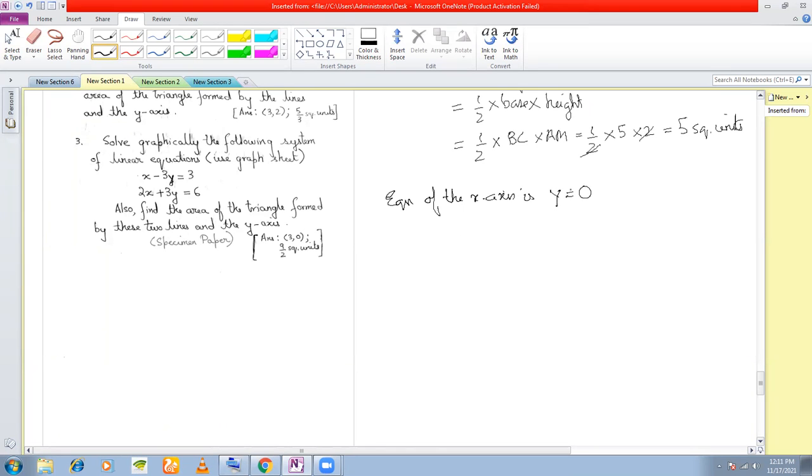So if I tell you the line y is equal to 0, you must understand that I'm talking about the x-axis. Equation of the y-axis is x is equal to 0. So if I ask you to draw the straight line x is equal to 0, you must obviously understand that you don't need to do anything. It's obviously the y-axis. Clear with this?